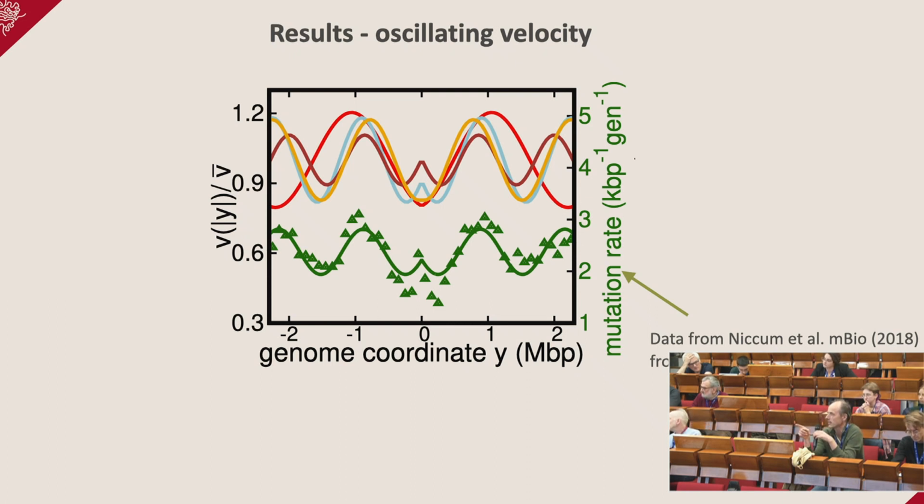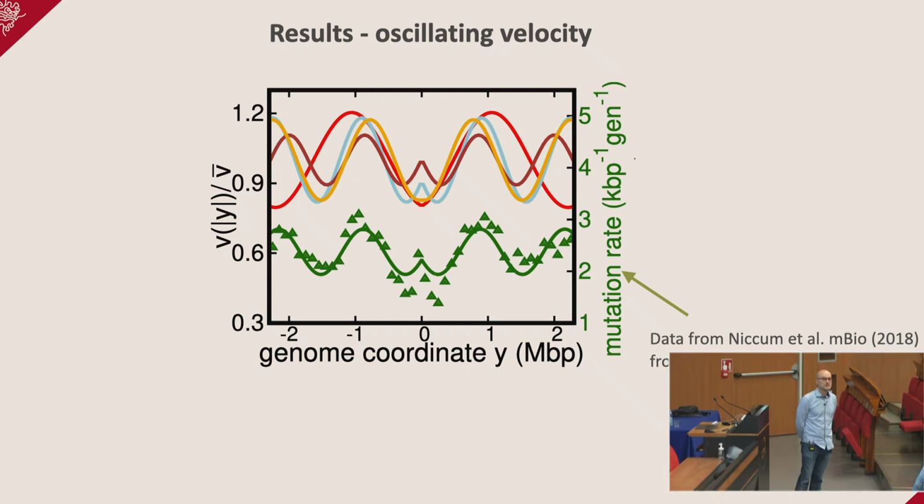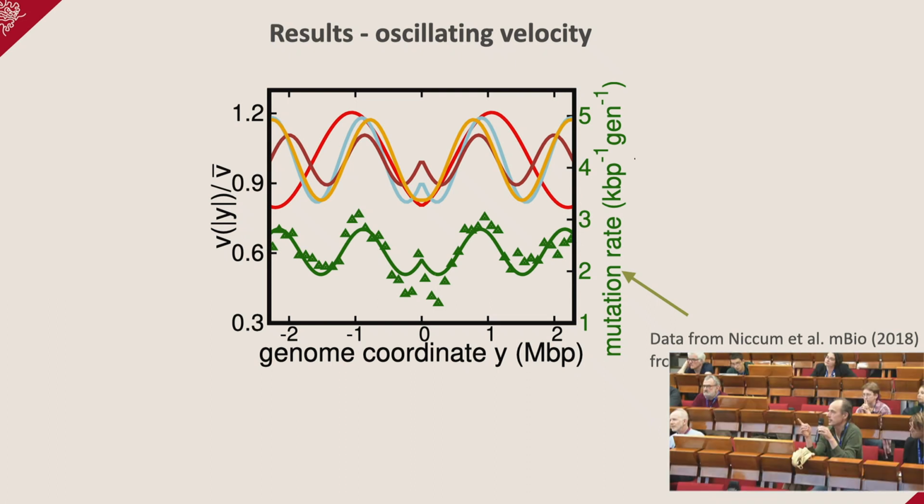Because when it starts and where it starts depends on the growth rate, and that varies continuously. But it's continuously with what? With the condition, right? So under a given condition, a new round of replication starts always at the same point in the cell cycle. Yeah.